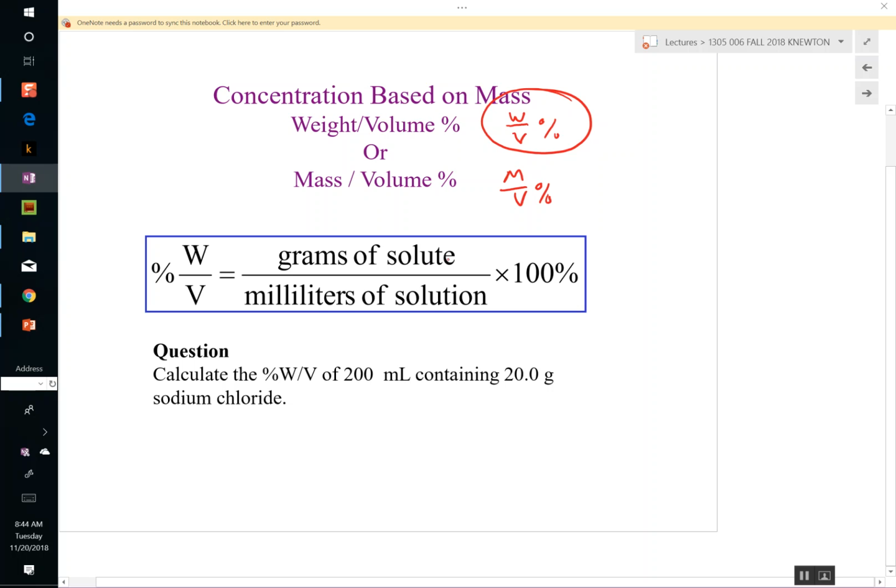Why is this used? This is what's used in clinics. This is what's used in the hospitals. When they say, I need a 0.9% saline solution, they're talking weight volume. I need 0.9 grams of saline per milliliter of solution.